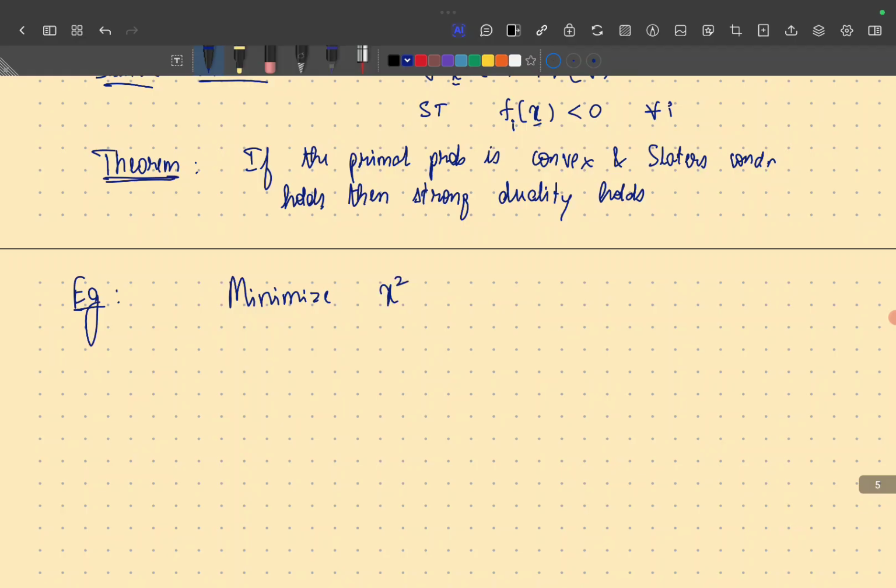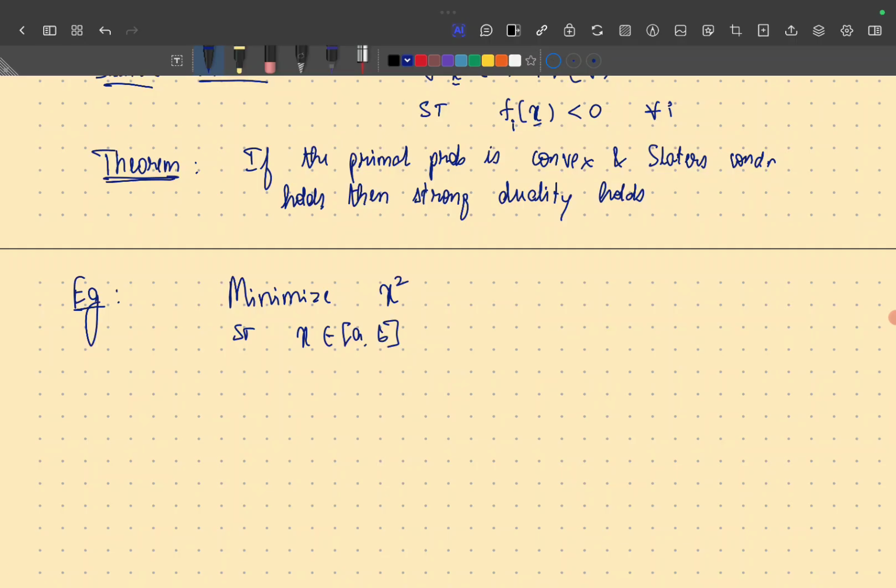It's just a univariate minimization problem, subject to the constraint that x lies in the interval from a to b. What is the minimum value?